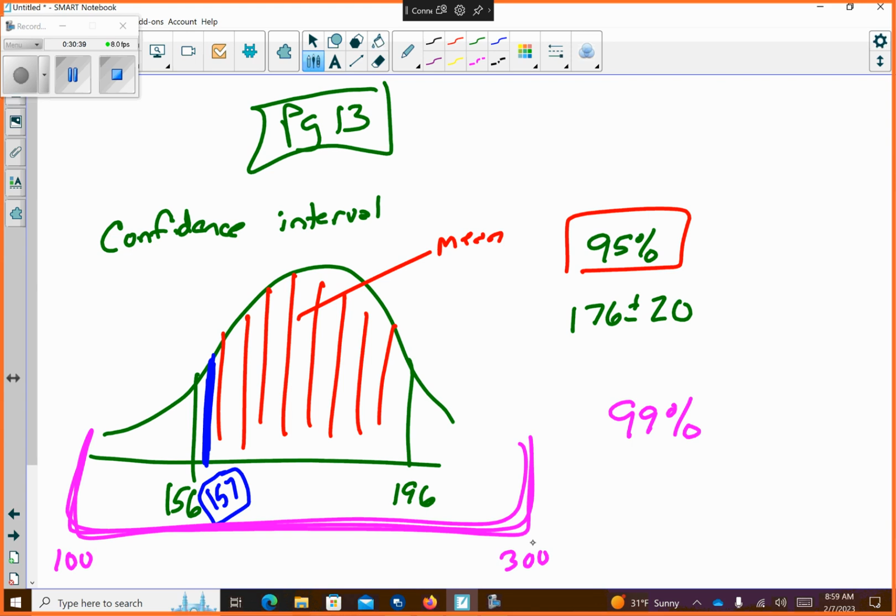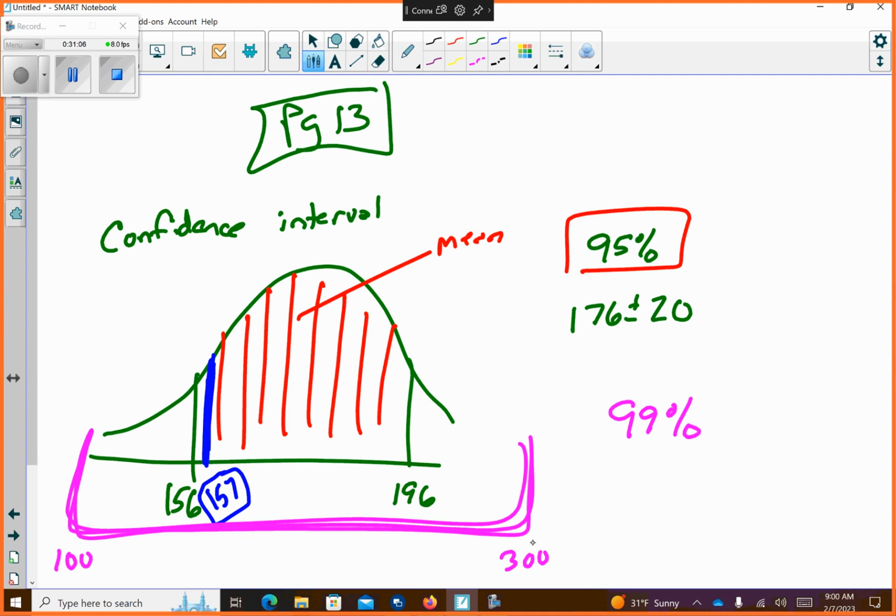So the lower my confidence level, the closer and closer I would get to the normal distribution mean. In the example regarding the average cholesterol of U.S. women, the confidence level was set at 95%. Had the researcher set it to 99%, the margin of error would have increased and the interval would have been a lot wider, like I had done with the pink.